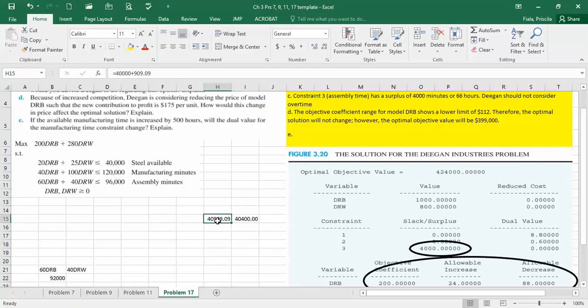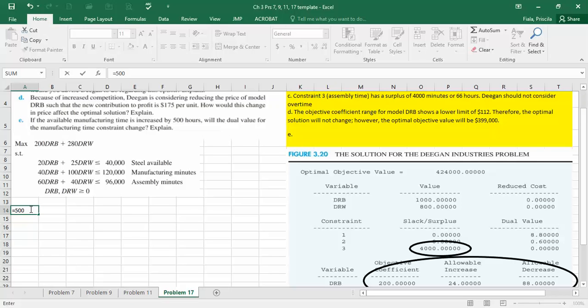Well, in order to define that, first of all, we have manufacturing times in minutes. So let's define how many minutes is 500 hours. So 500 times 60 minutes. So we have 30,000 minutes more.